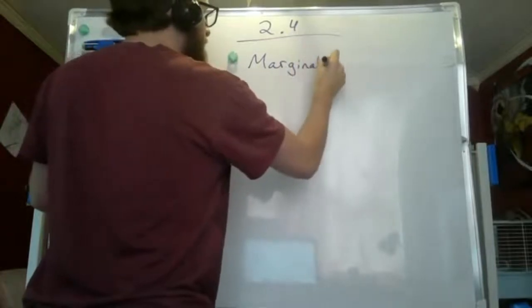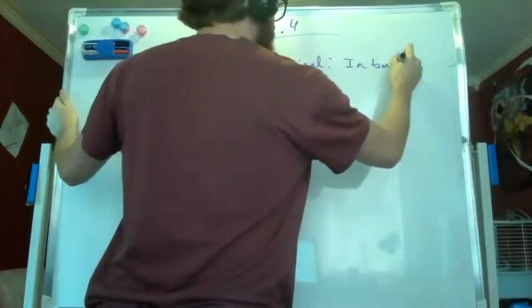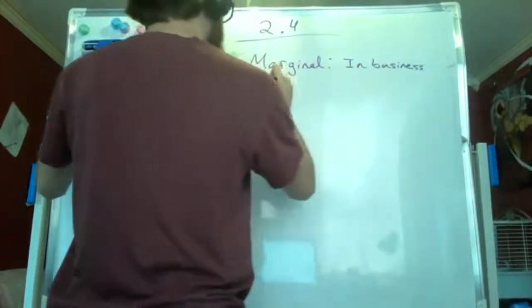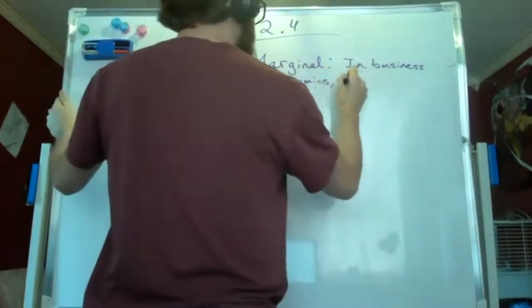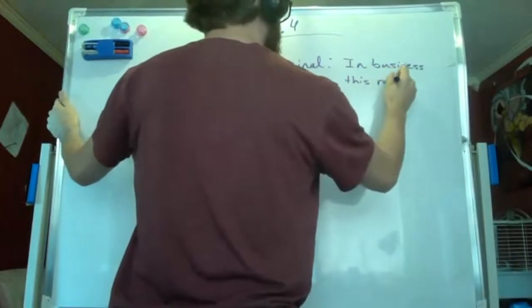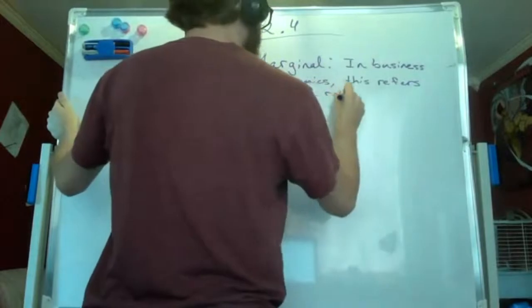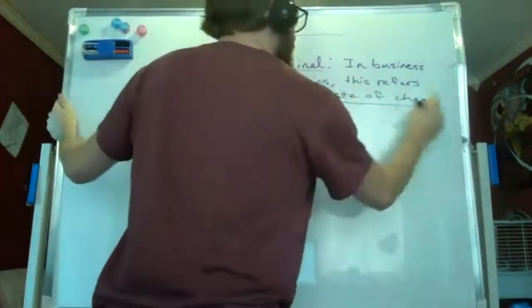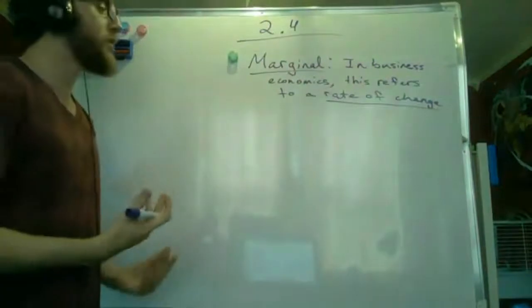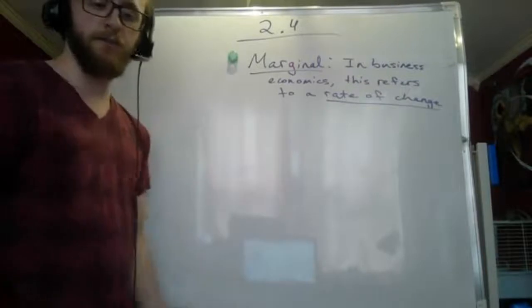Now, in business and economics, this refers to a rate of change. Now, what is a rate of change? A rate of change is a slope, or in other words, the derivative.